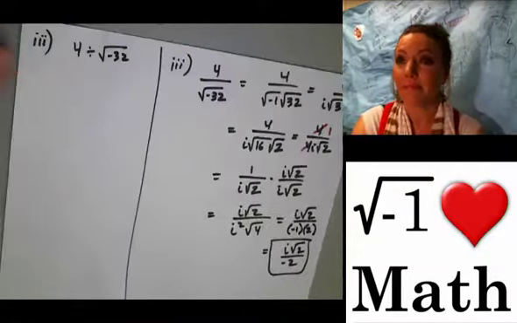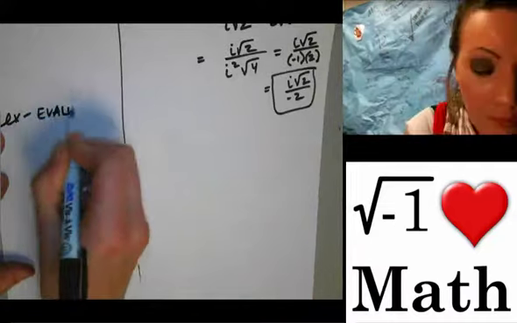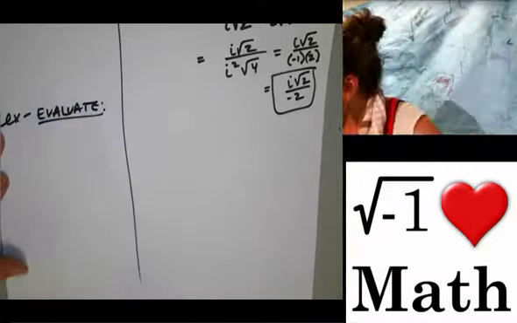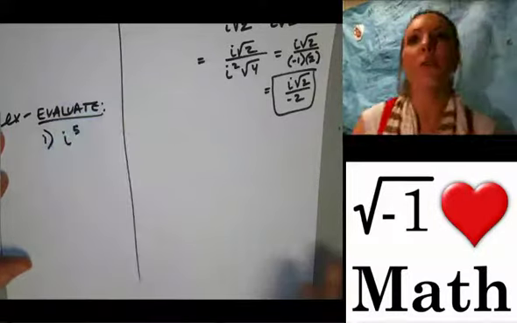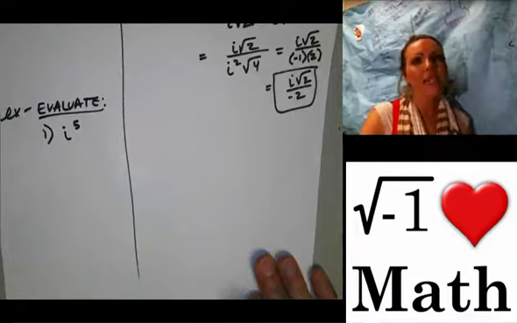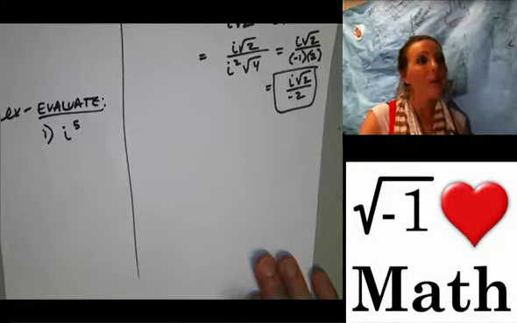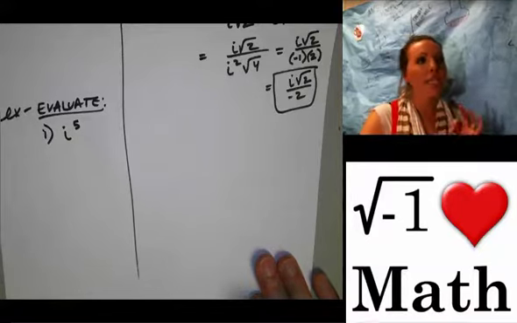Okay, last problem. Okay, so here is how we want to do it. Anytime we have an I with some exponent attached to it, we want to get it down to its simplest form. All that means is we want to write it in terms of just an I by itself or no i's at all.